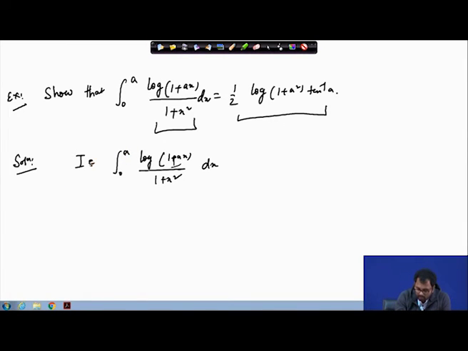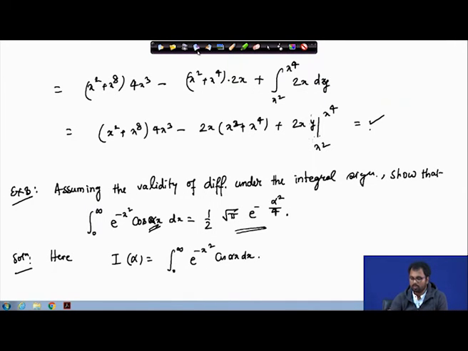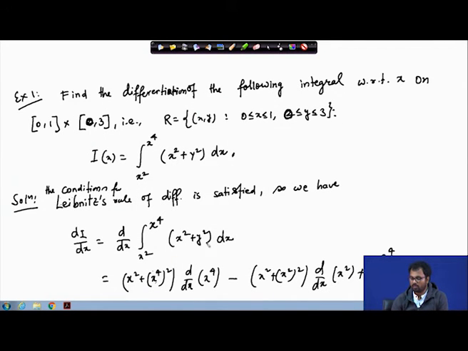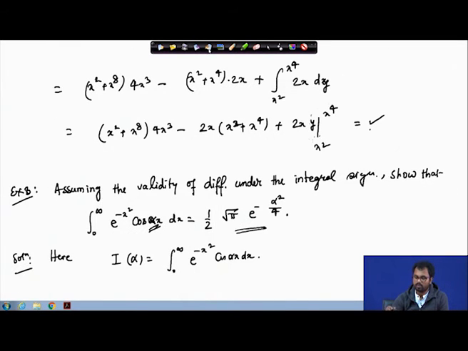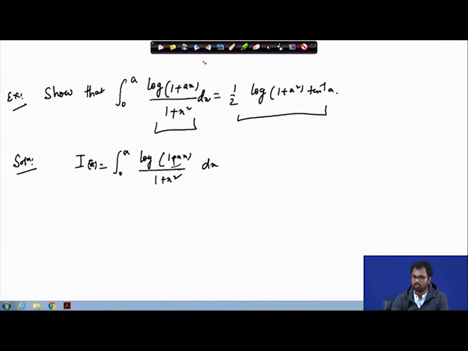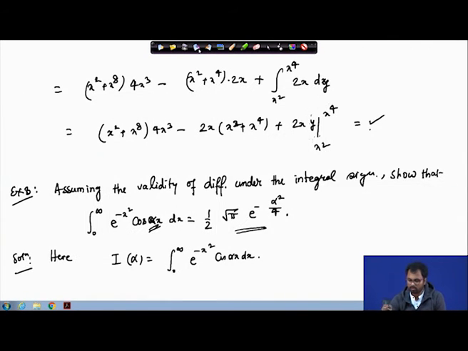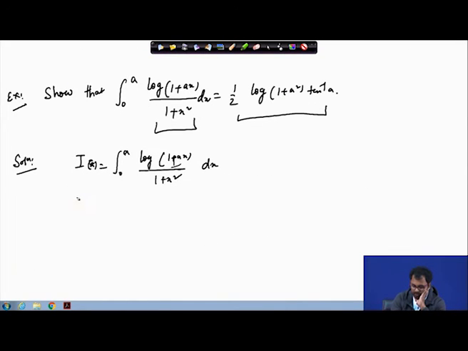So this I of a is not that simple to differentiate. Here we have to use the Leibniz rule of differentiation, before we used the simple one, theorem 1 of differentiation under the integral sign, but in this case we have to use the Leibniz rule. So the Leibniz rule can be applicable here.